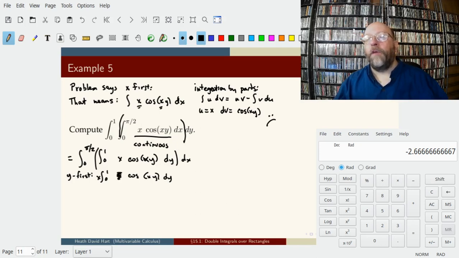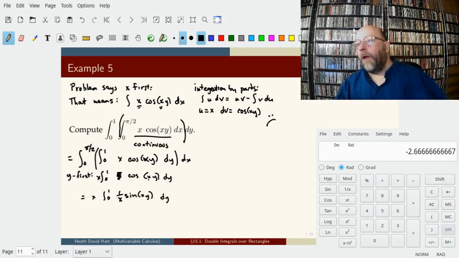And the integral of cosine of a constant times y, the integral of cosine is sine. And the x comes out as a 1 over x. That's a u substitution problem, where if u equals xy, du is equal to x dy, and so dy is equal to 1 over x du. That's u substitution instead of integration by parts, and that's not so bad.